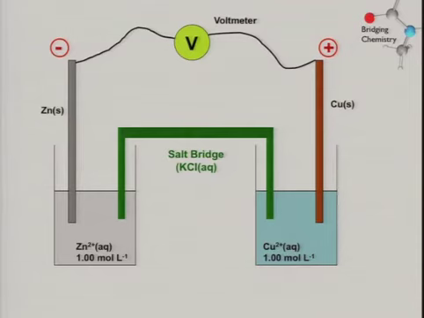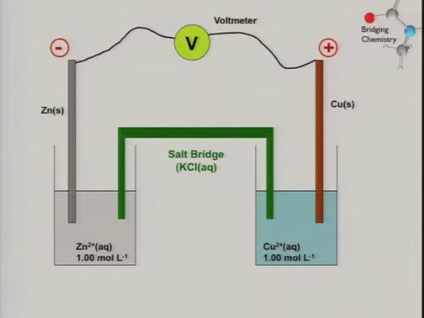This may be different to what you have heard before, but this is the way we do it here, right? If the piece of copper is the positive electrode, then the piece of zinc must be the negative electrode, right? So we work that out based on the sign of the reading on our voltmeter.